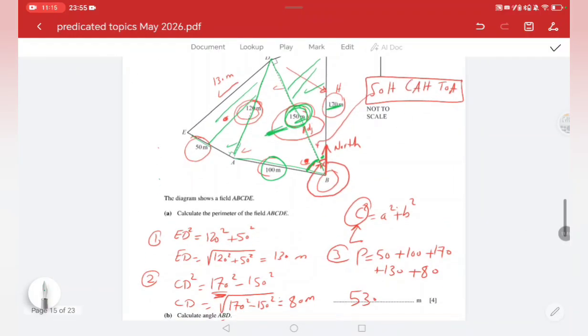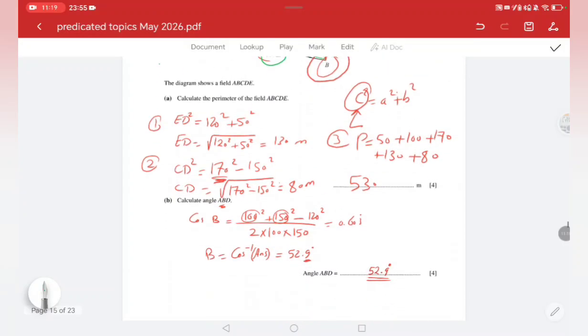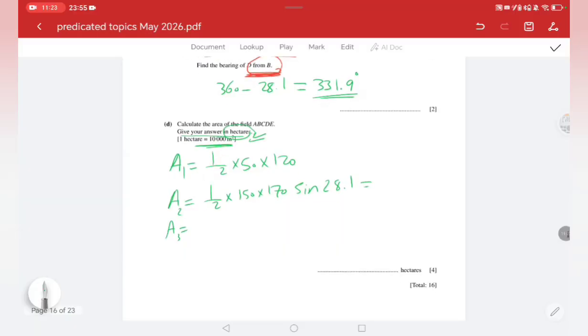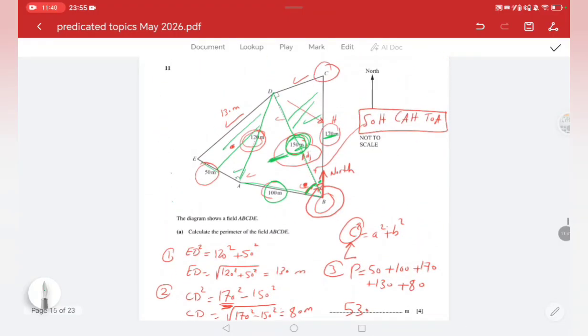This angle was angle B. We found that it's 52.9. Sine 52.9, I'm writing this one to not forget. So 1/2 times 100 times 150, the two sides, sine the angle between them.